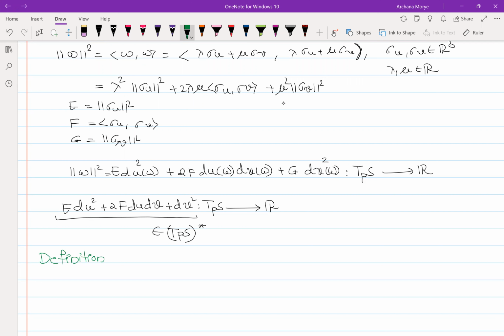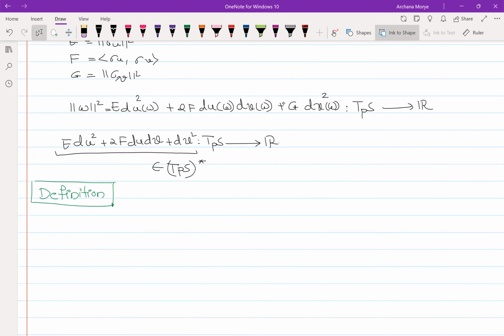In fact, if it is an element of the dual space of the tangent space, then we call it a one form because it has degree 1. And later on, we also define 2 forms and 3 forms and so on.